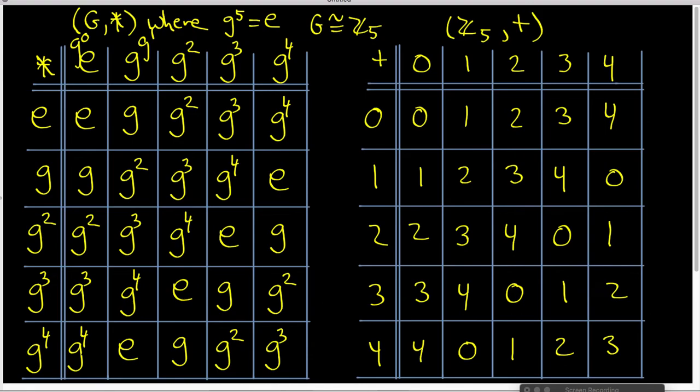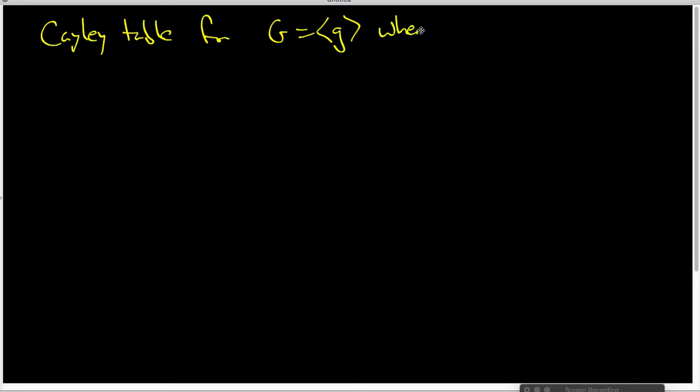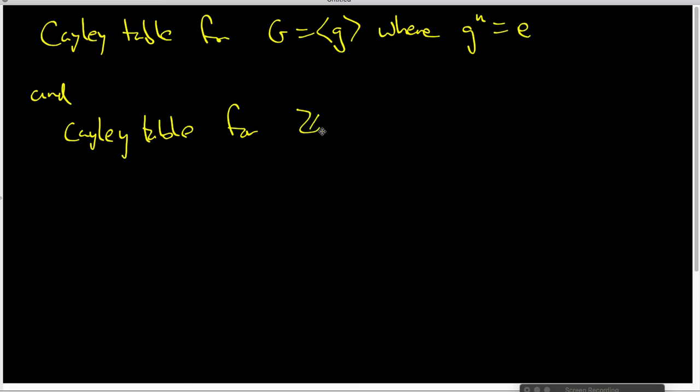Well, it turns out that if I look at the Cayley table for a generic cyclic group of order n, where g to the n is equal to e, the Cayley table for that generic one and the Cayley table for Zn under its addition will be exactly the same in structure.